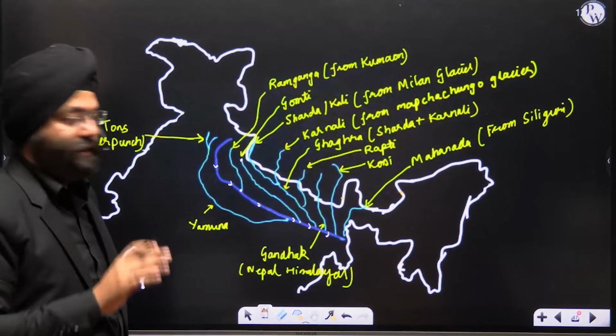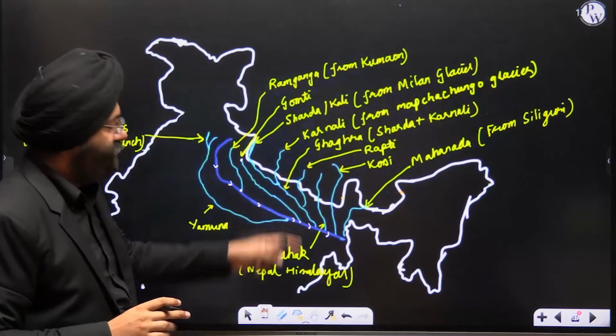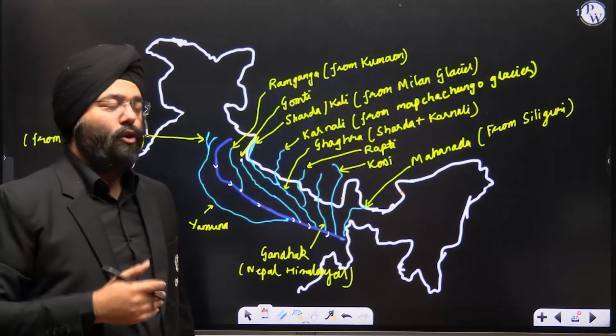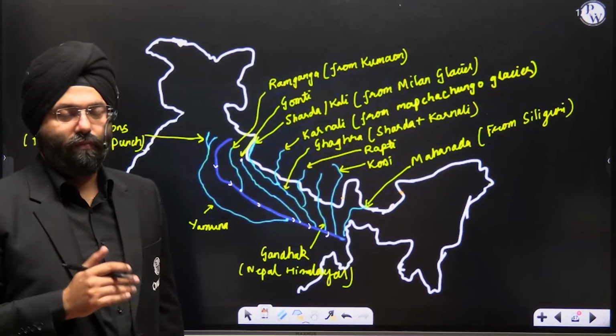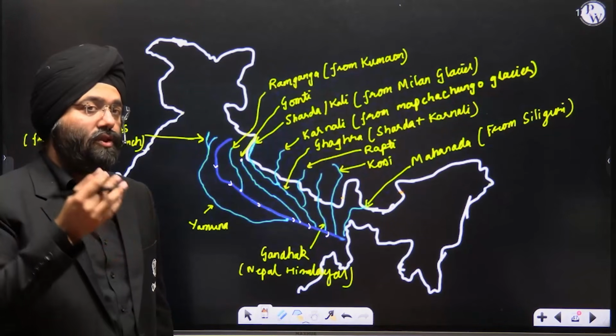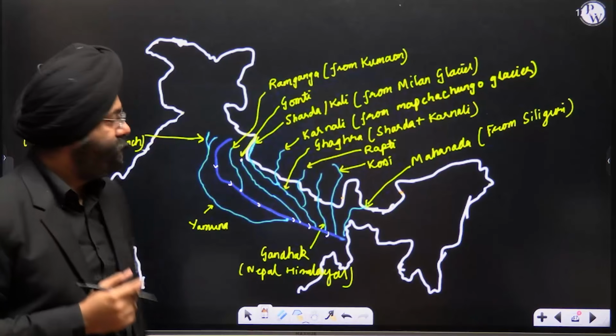Clear? This is what is the Gomti river. Important aspect is Gomti river is located on the banks of Lucknow. So Lucknow has Gomti river. So this should again be known to you because it can be asked.